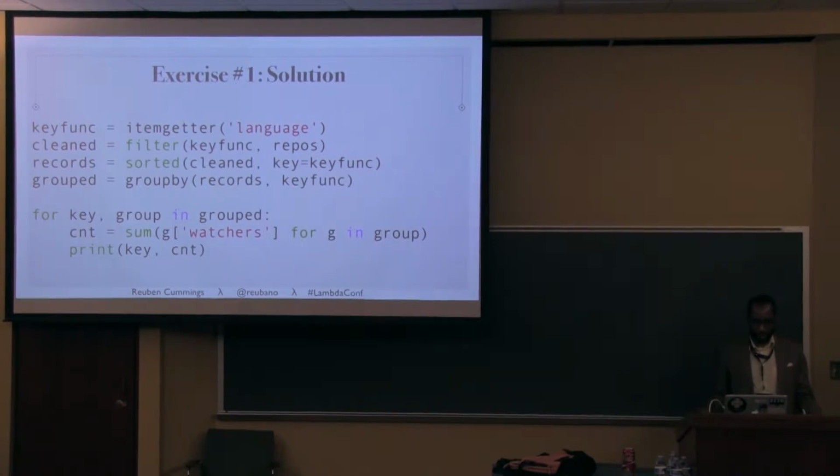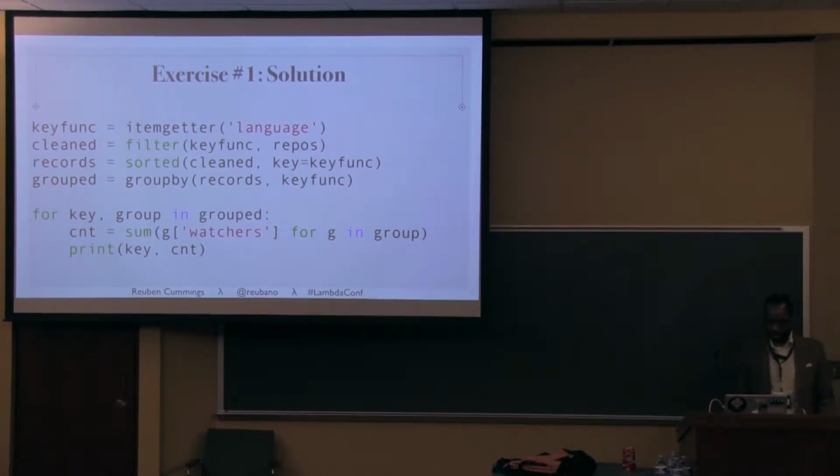The way filter works is it gets a repository and sees what the value of the field language is. If that field is equivalent to true, basically if it's not empty, then it keeps it. We save that into what I call cleaned.